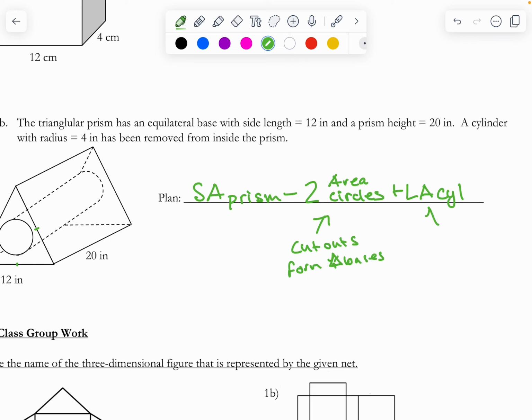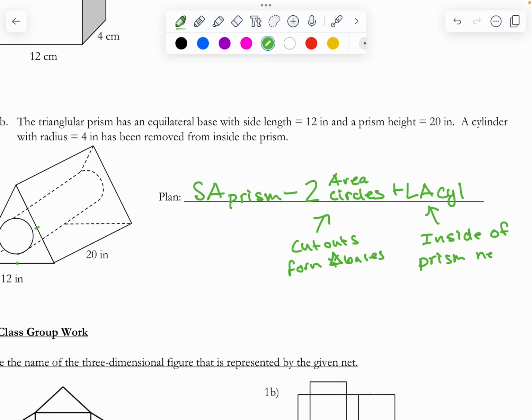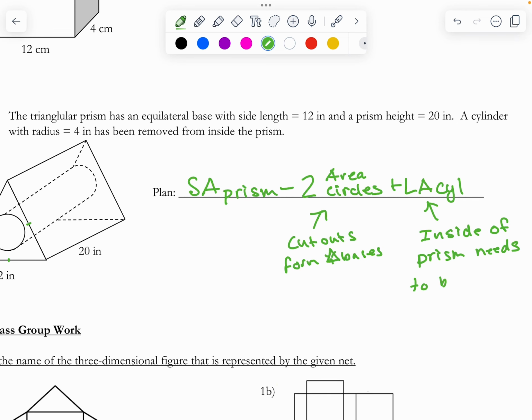And then this is the inside. Right? If I got a Lego piece that was supposed to be painted and they cut a piece of it off and left the inside looking all gross and didn't paint the inside, I'd be mad, right? This is the inside of the prism that needs to be covered. Sorry, I lost my train of thought.